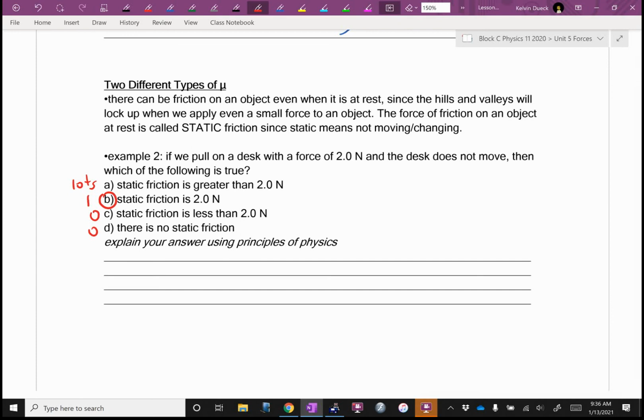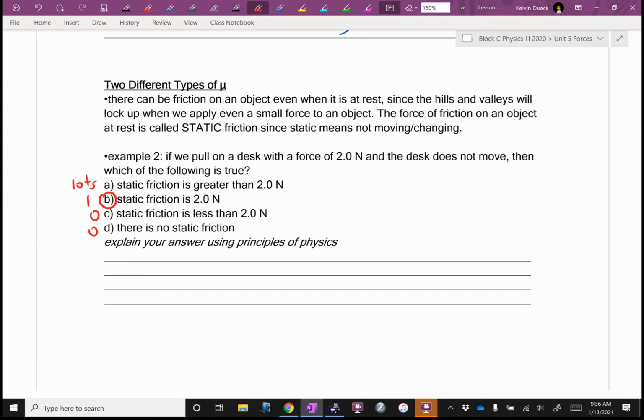Now, here's why it's tricky. Static friction is a Newton's third law reactive force, which means it's only as big as it needs to be. Now I'm pulling with 4 newtons. You know how big friction is? 4. Now I'm pulling with 8.1 newtons. You know how big friction is? Now I'm pulling with 8.15. You know how big friction is?